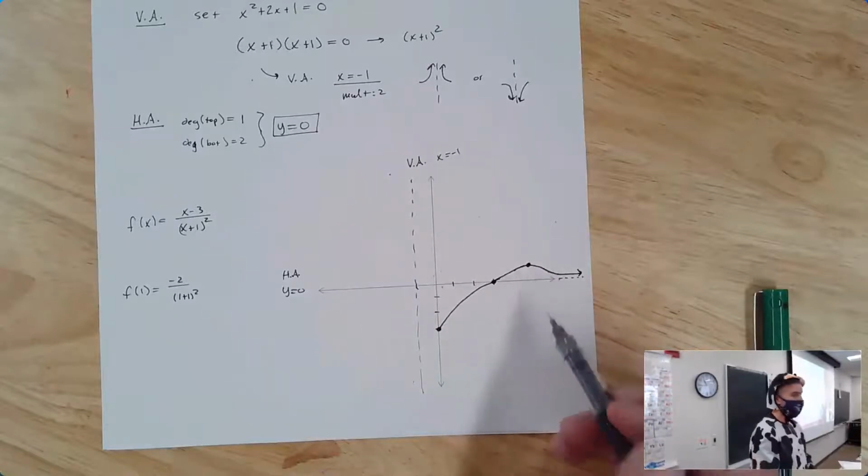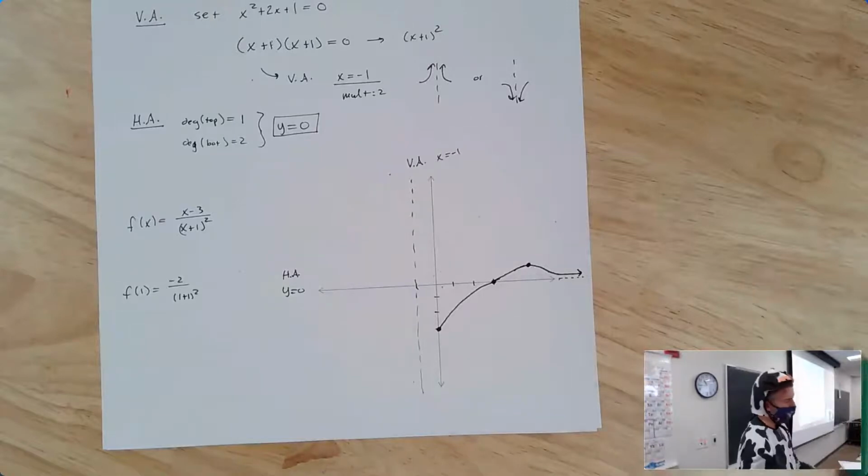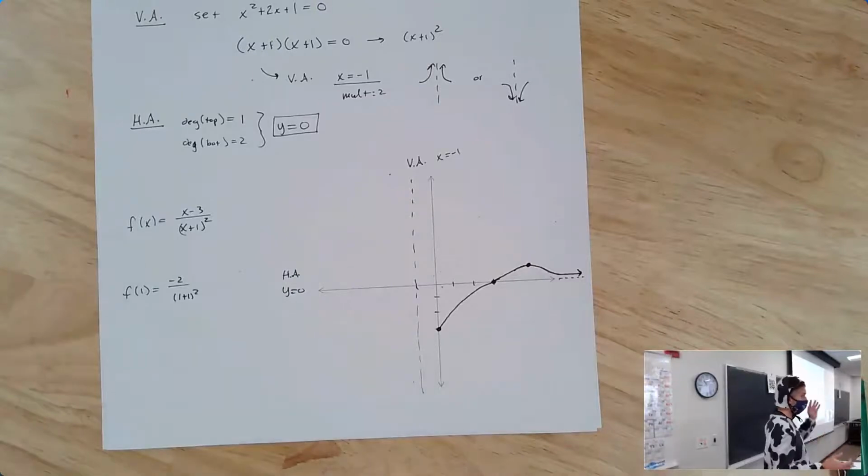For now, here's what I would encourage you to do. Rational functions are continuous. There's no weird breaks on their domains. So they're not continuous where you have a vertical asymptote. They're also differentiable on their domains, meaning you should think of it as being smooth.